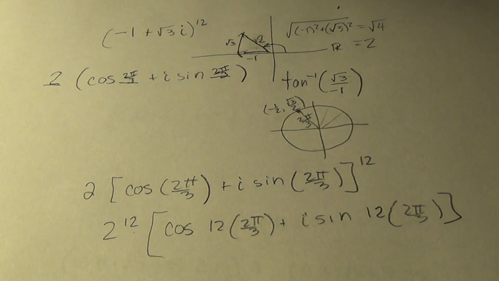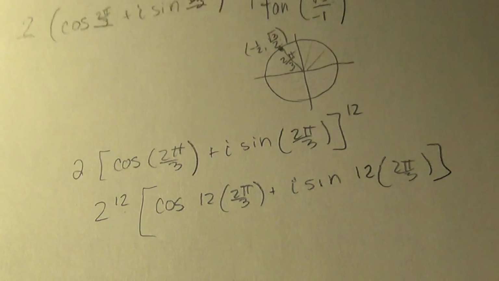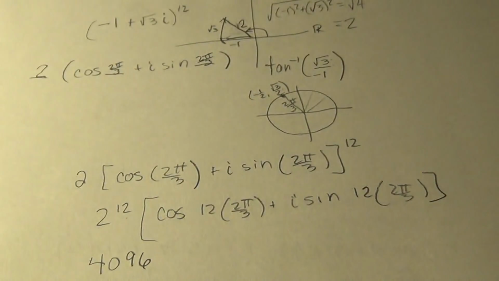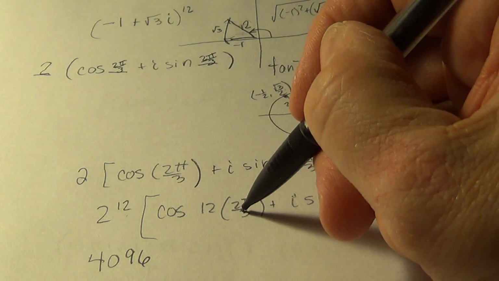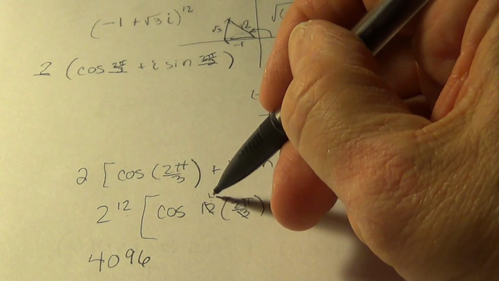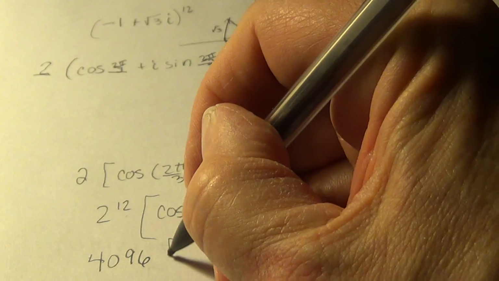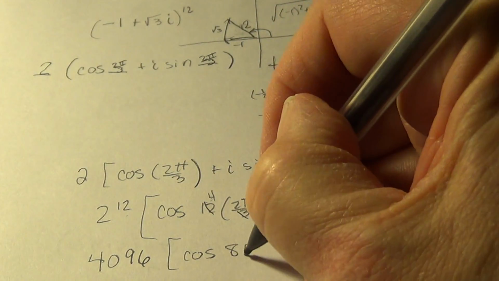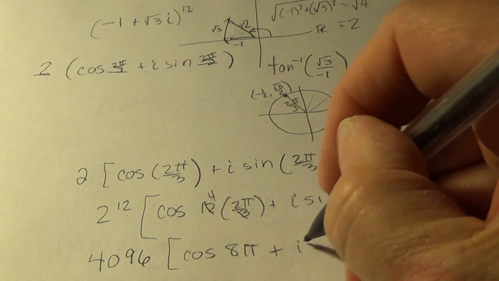Alright, so let's clean it up. 2 to the 12th is 4096. And 3 goes into 12 4 times, 4 times 2 pi is 8 pi. It's going to be the same in the i sine part.